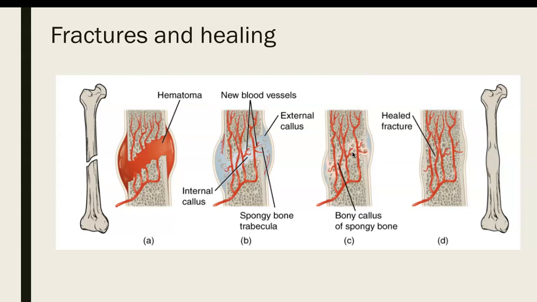And as they are dying, and they call it hypertrophy, they begin to secrete substances that actually calcify the cartilage around them. So that fibrocartilage begins to calcify, and in the exact same way we learned about in endochondral ossification, osteoblasts begin to replace that.